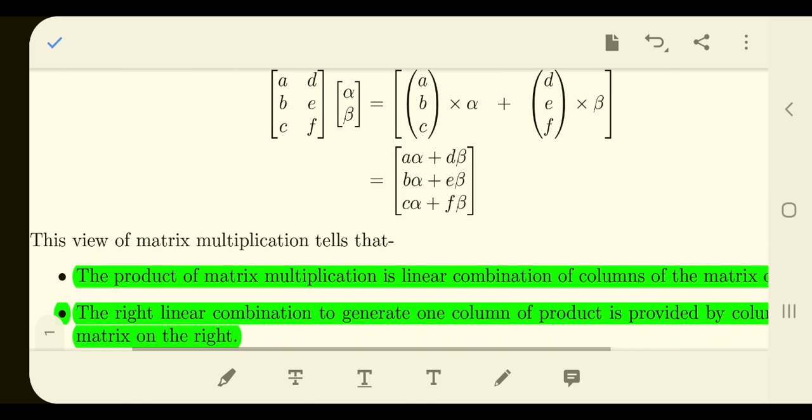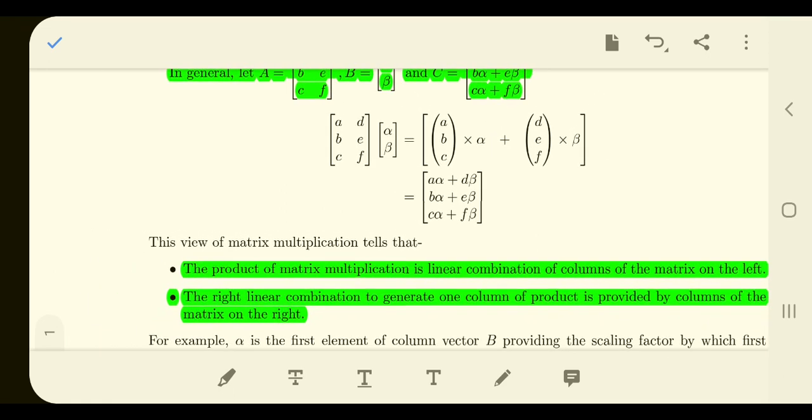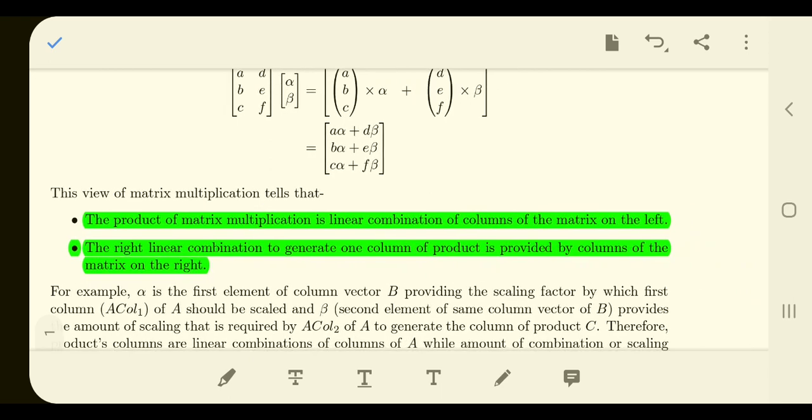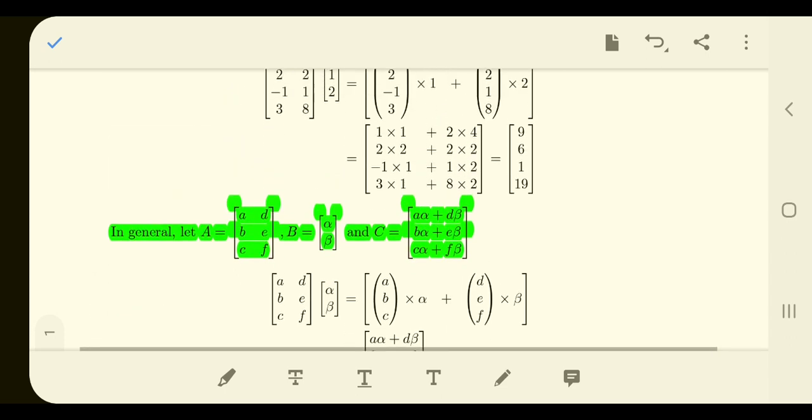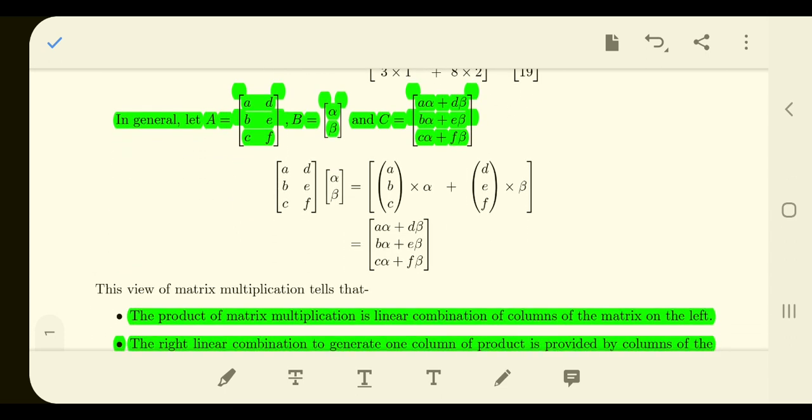Whatever we have done here, we'll just summarize. We say that the product of the matrices is a linear combination of the columns of matrix A. A is the first matrix, the left hand side matrix, and B is the right hand side matrix.